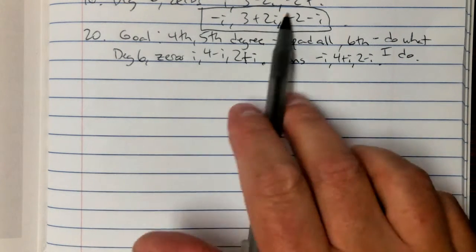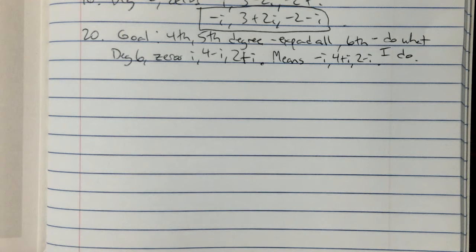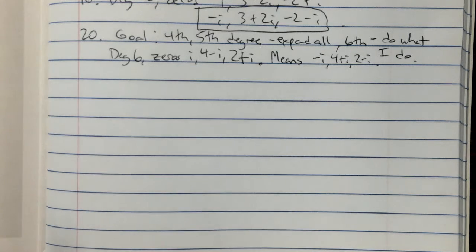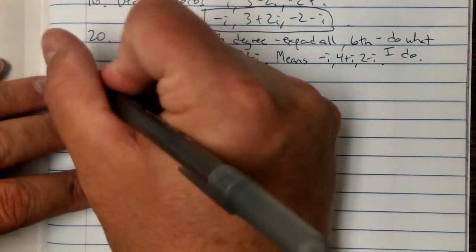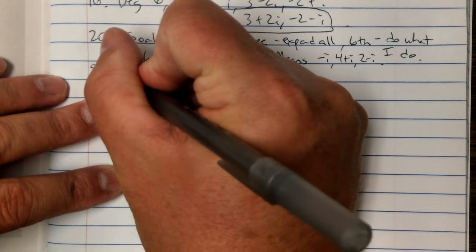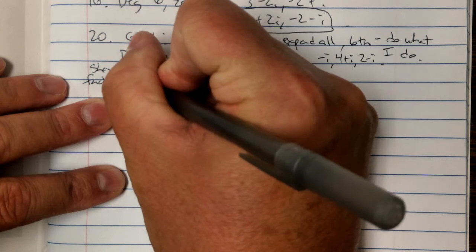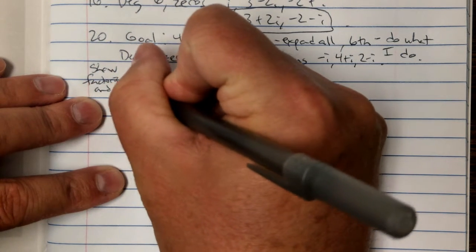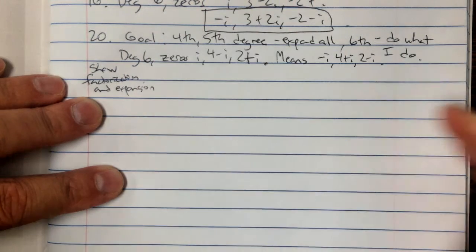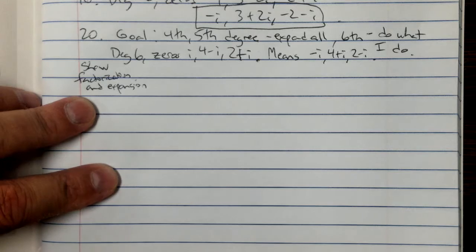So that part is just the same as the previous instructions, but now we've got to show our factorization and expansion. Show the factorization and the expansion.